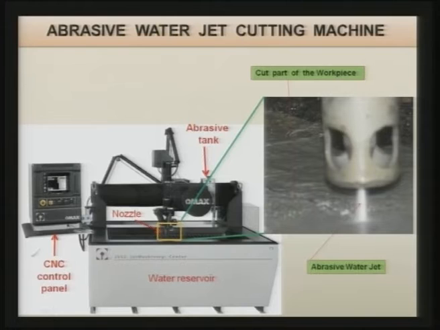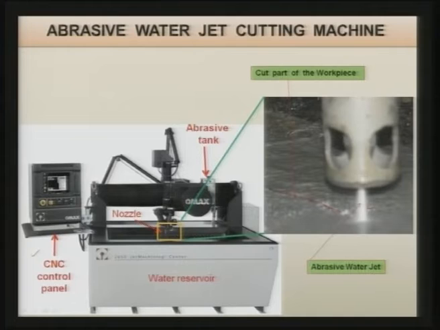This is the CNC control panel, with the help of which you can feed different parameters, you can control various movements of the jet. Here this is the enlarged view of the jet, you can clearly see the abrasive water jet visible over here, and this is the cut part of the workpiece that you can see here.